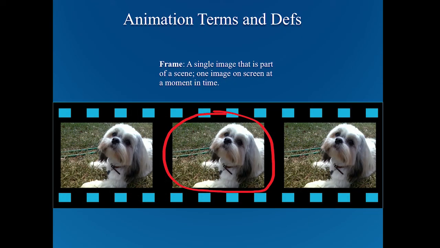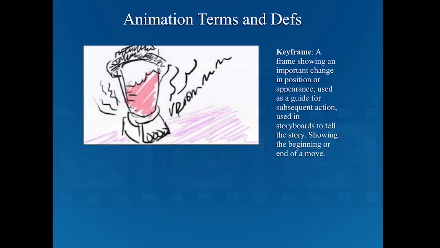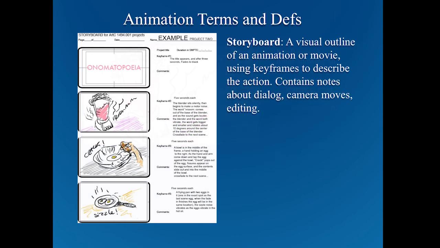Remember the meanings of the words frame. A frame is a single image that is part of a scene, one image on screen at a moment of time. A keyframe is a frame showing an important change in position or appearance, used as a guide for subsequent action, used in storyboards to tell the story, showing the beginning or end of a move.